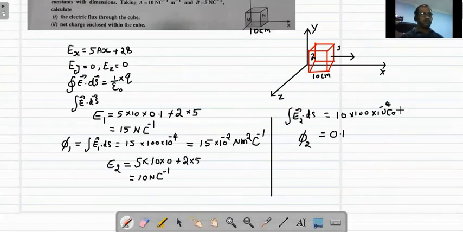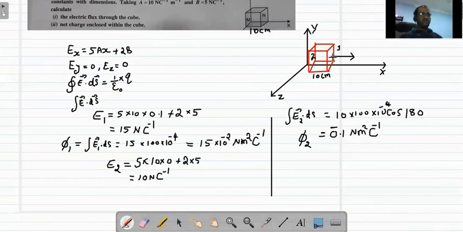What is cos 180? Minus 1. The final answer will become minus 0.1 Newton meter square per coulomb.